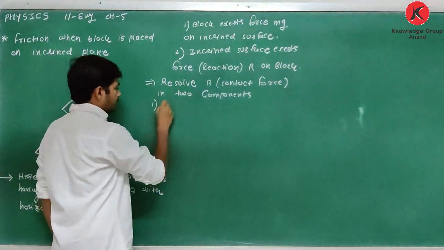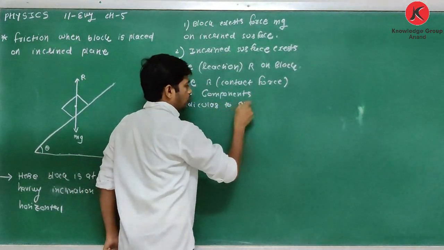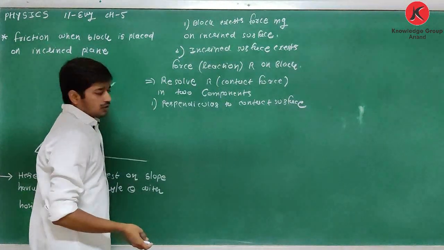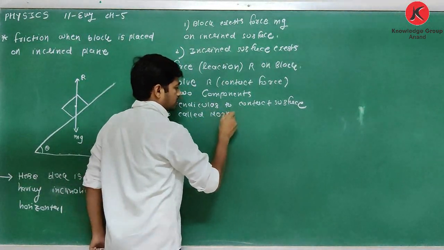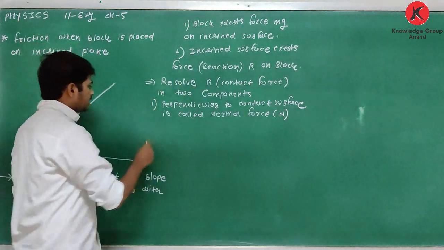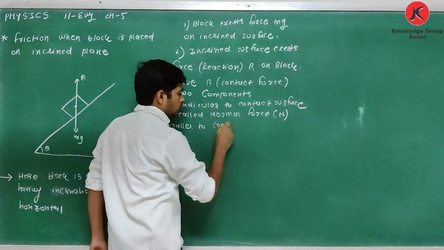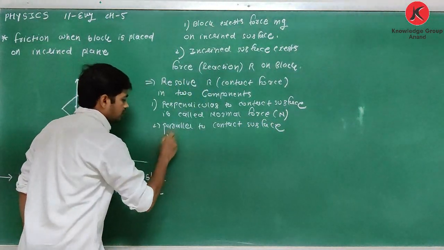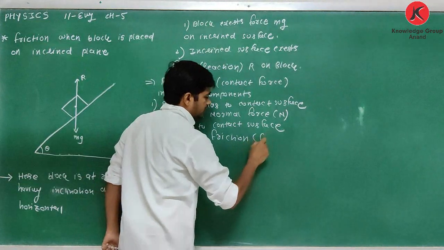The first component is perpendicular to the contact surface, and we know it is called the normal force, denoted by N. And the other component is parallel to the contact surface, which is called friction, denoted by small f.